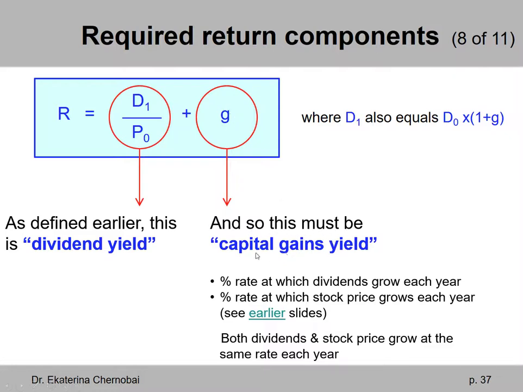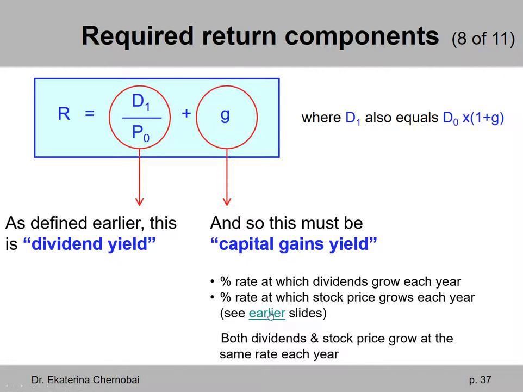Capital gains yield is the increase in stock price, so it's the rate at which the stock price grows every year. So there are two meanings to G. G means the rate at which dividend amounts grow every year, and G also means the rate at which the stock price grows.